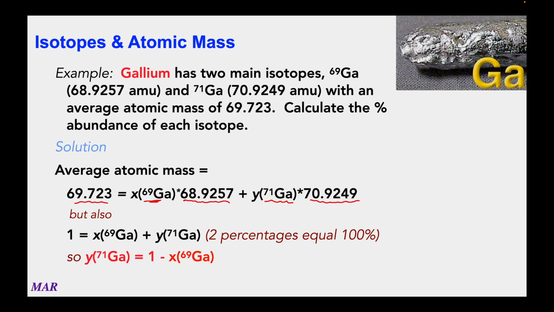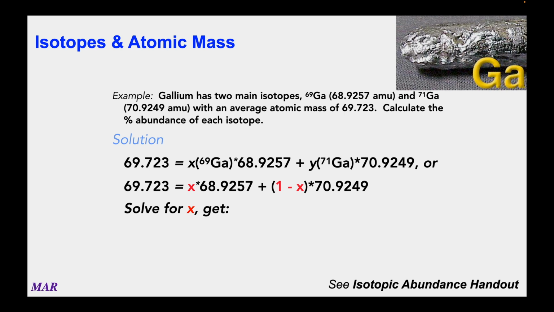So what we're going to do in a little bit is we're going to substitute this part right here, the 1 minus X, up here. Then we're going to have one equation with one unknown X, and you can solve for X, and at the very end go back and go 1 minus X to solve for Y. Now X and Y are going to be decimal percentages, which you can multiply by 100 later if you'd like to. So here's the math involved. Here's that Y we talked about, and Y just equals 1 minus X.